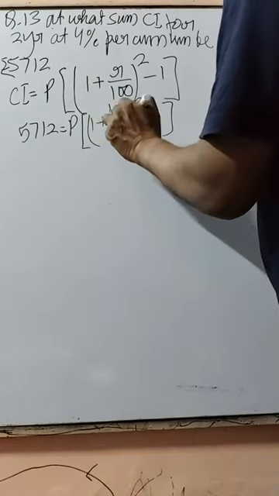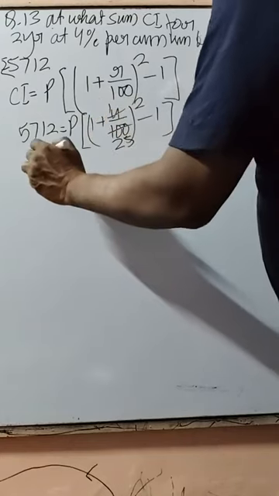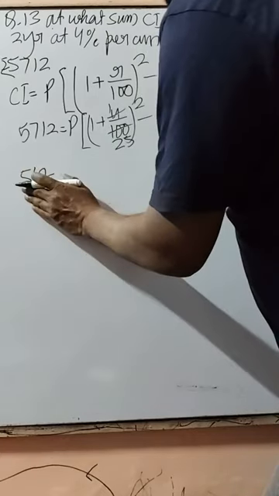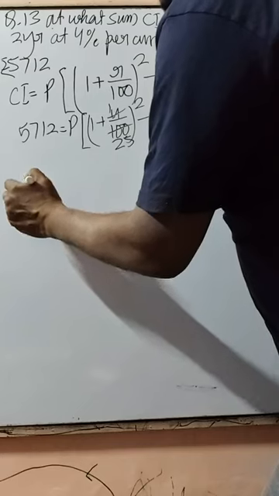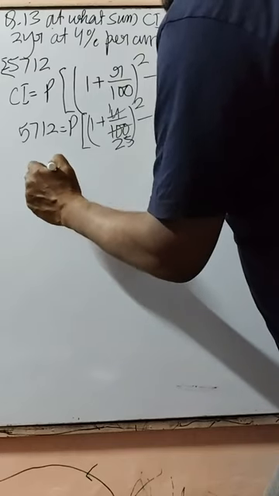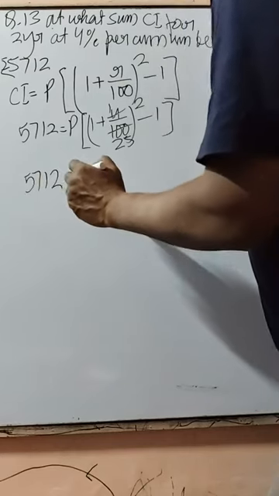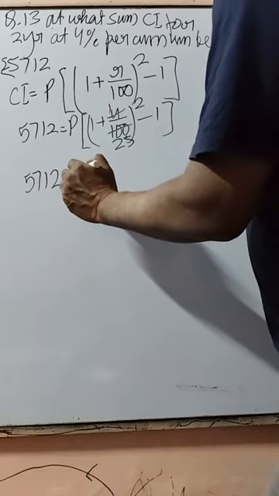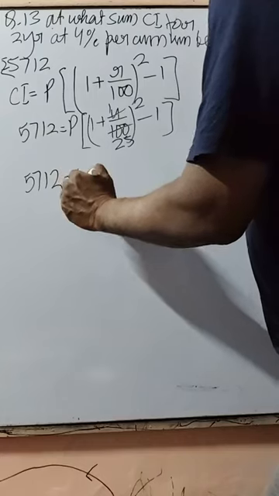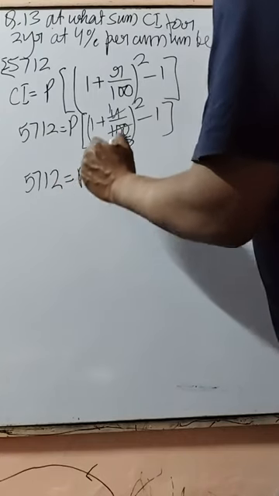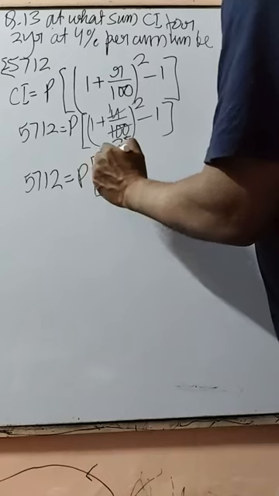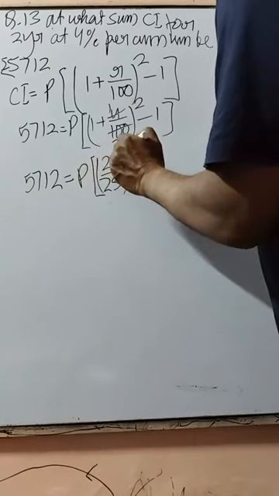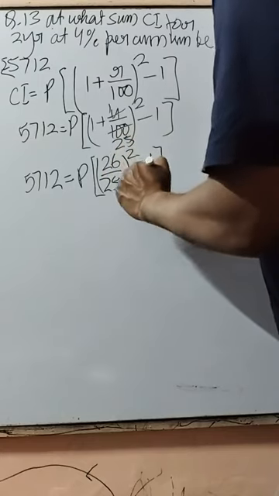It becomes 26 upon 25 whole square minus 1.